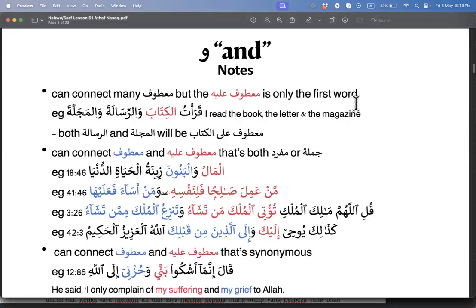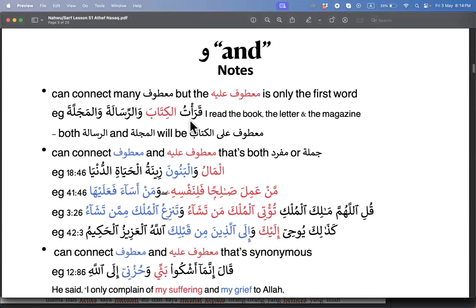Now, additional notes for wow. You can connect many maktuf, but the maktuf alaih is only the first word. Meaning the rest following is connected only to the first word. Here we have qara'tu, fi'il what?